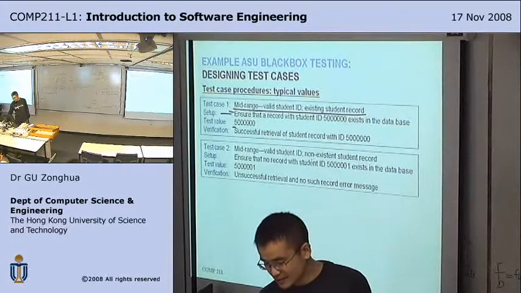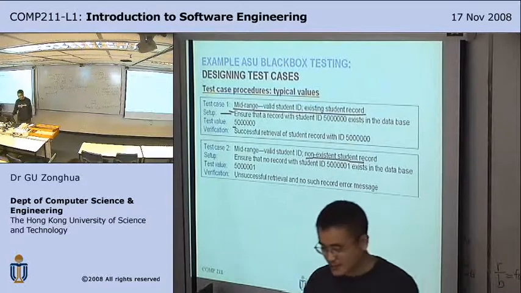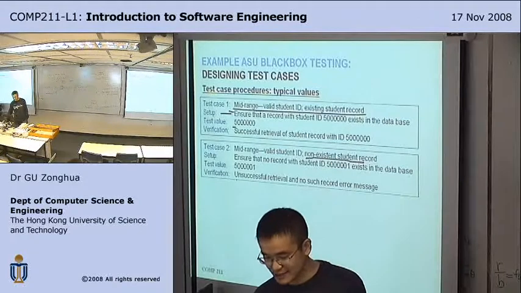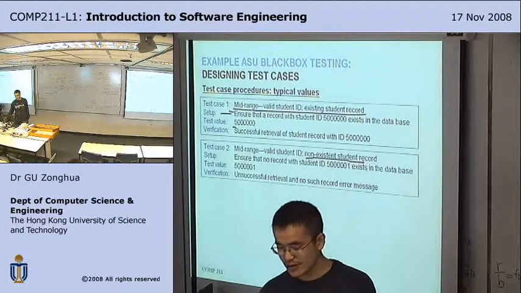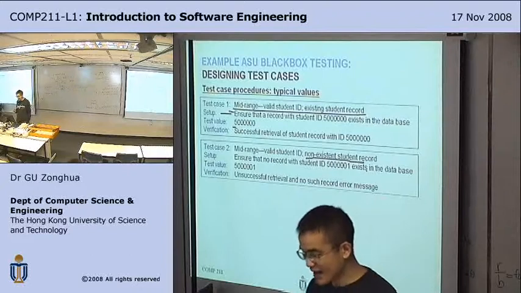5,000,001 is a non-existent student record, and verification success is when you get an unsuccessful retrieval and a no such record error message. If you get such an error message, you pass the test.